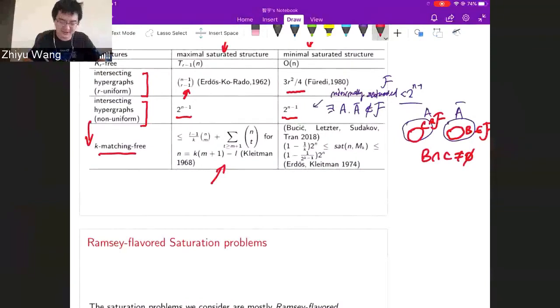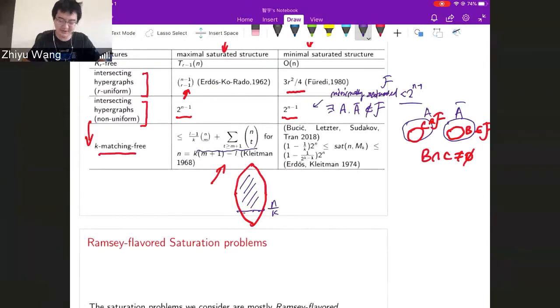Kleitman showed that this is upper bounded by this quantity. Basically, what we can do is take all the sets starting from the level n over k, all the sets with size n over k, and then all of the sets above that level.